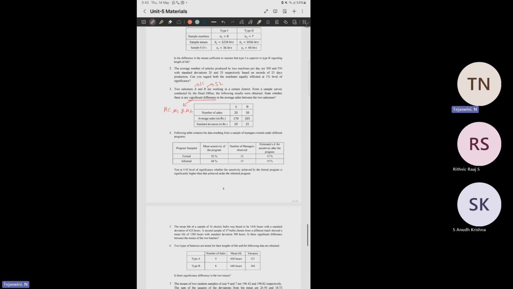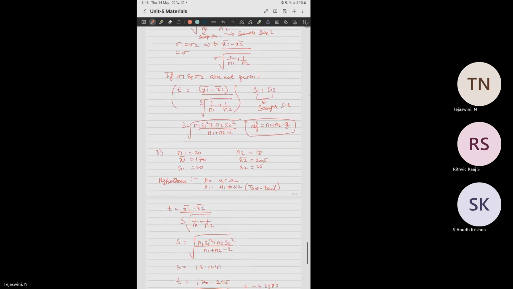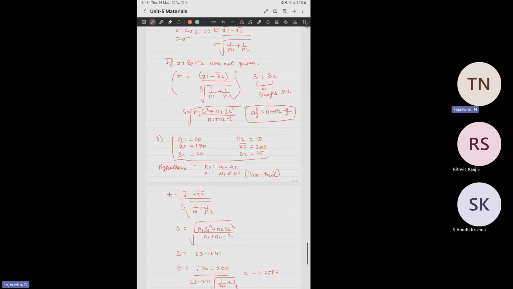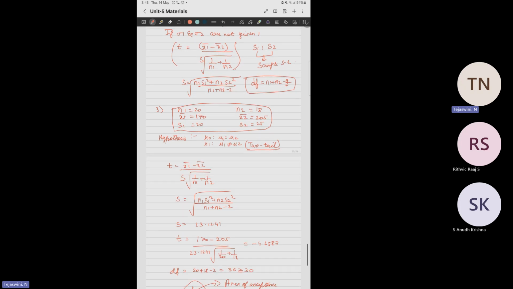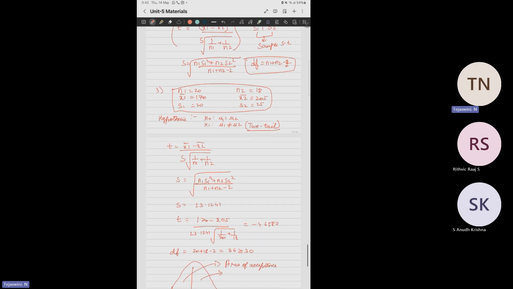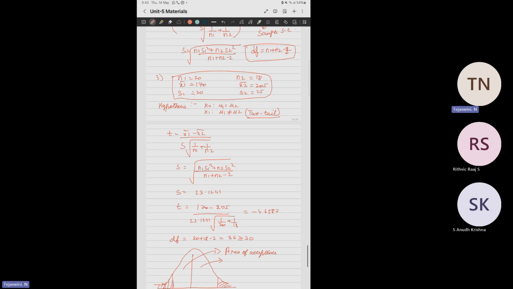The data is given here. I have written the data here and then I made the hypothesis: H naught is mu1 is equal to mu2. H1 will be mu1 is not equal to mu2. So it will be two tail. Since they didn't give us the value of sigma, that is population standard deviation, we'll have to find the value.